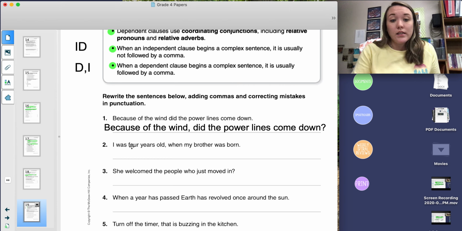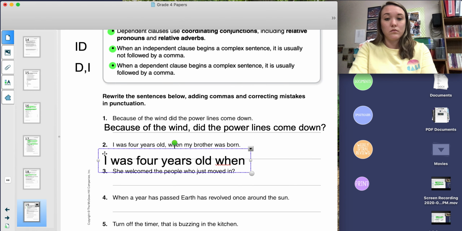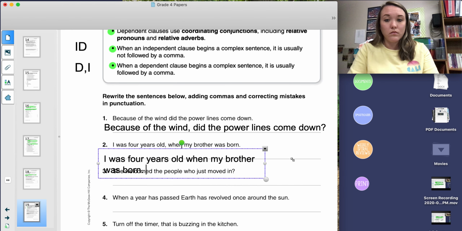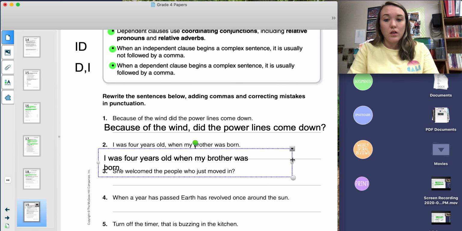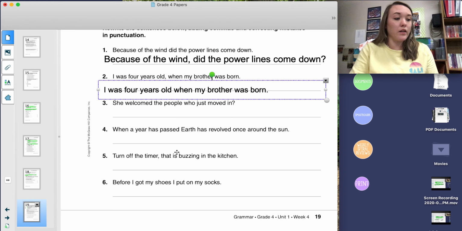So because this sentence is an ID, independent, dependent, I do not need a comma. I need to rewrite taking out the comma. You will continue proofreading for 3 through 6.